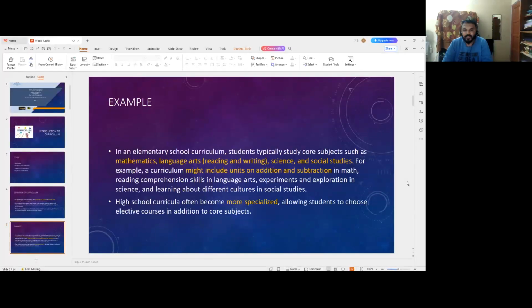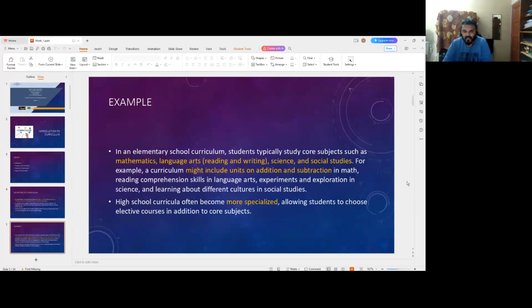If you look at an example in our primary or secondary school, the school curriculum covers the core subjects like mathematics, language, reading and writing, with a few components: science and other social humanity studies.